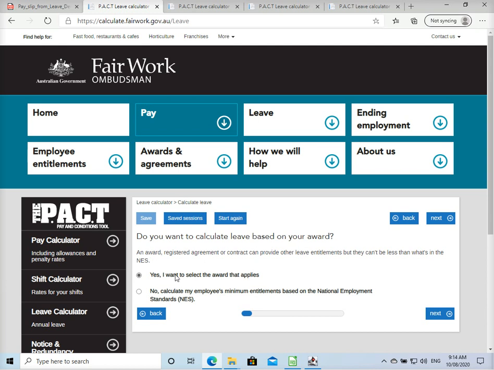And here there are some things that can benefit you by using this calculator. There are other options, like I want to select the award that applies. Some awards might not just be your straight 20 days of annual leave in the year, and that might be something that you pick up by using this calculator.